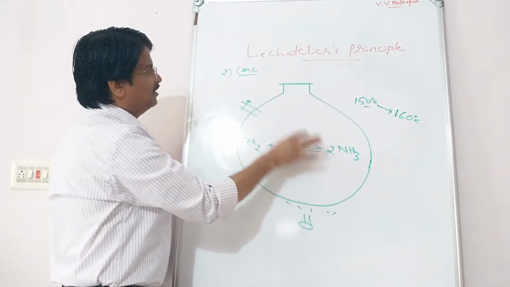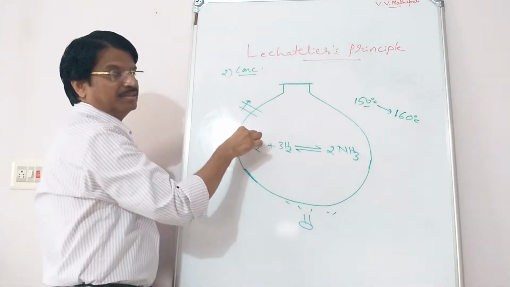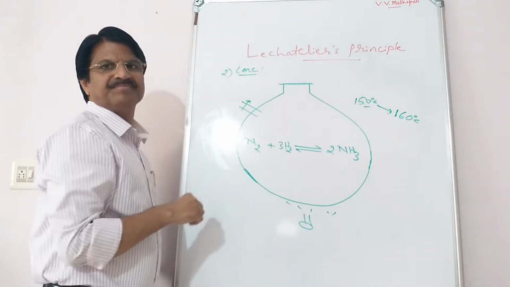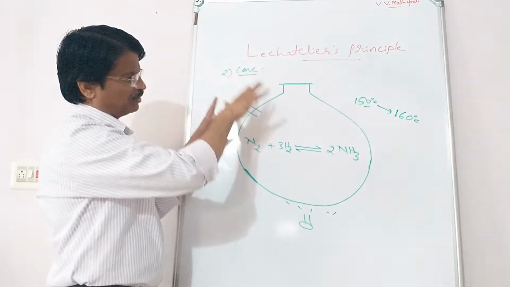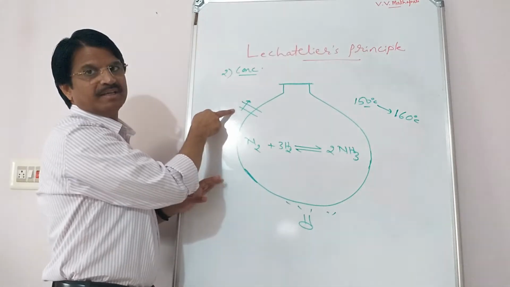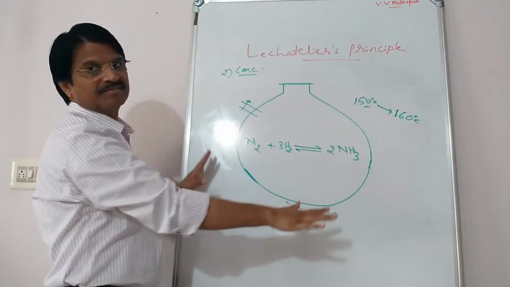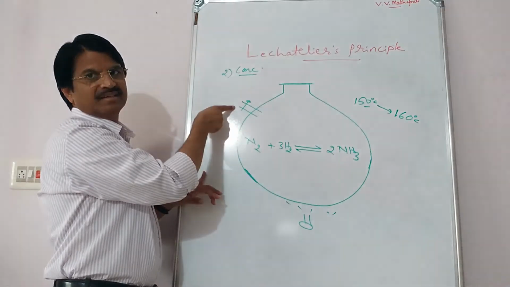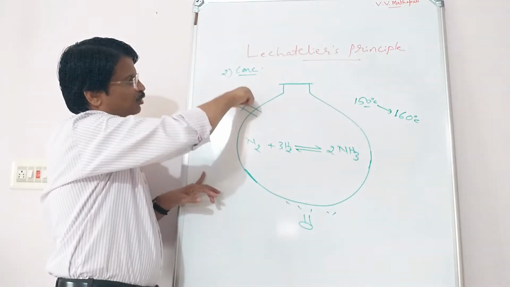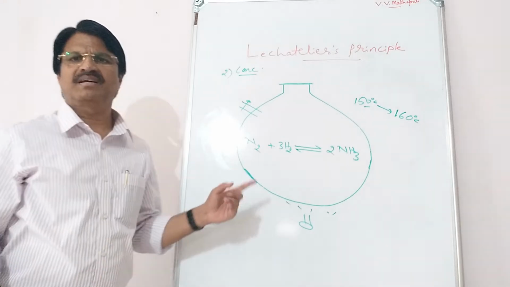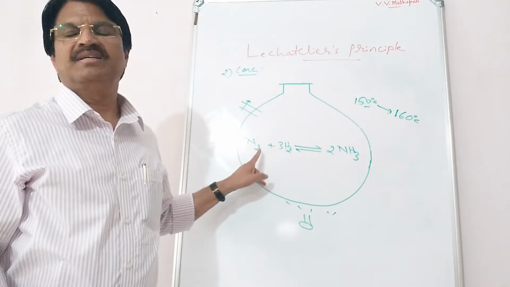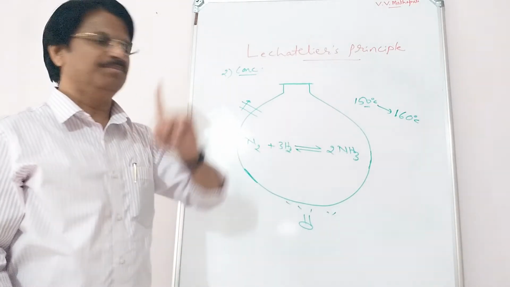At equilibrium, we are introducing extra nitrogen or hydrogen through the inlet tube without disturbing anything. That's why I drew the inlet tube here. Through this tube, just open it and pass extra gas, N2 or H2. Here I increased the concentration of reactant at equilibrium.